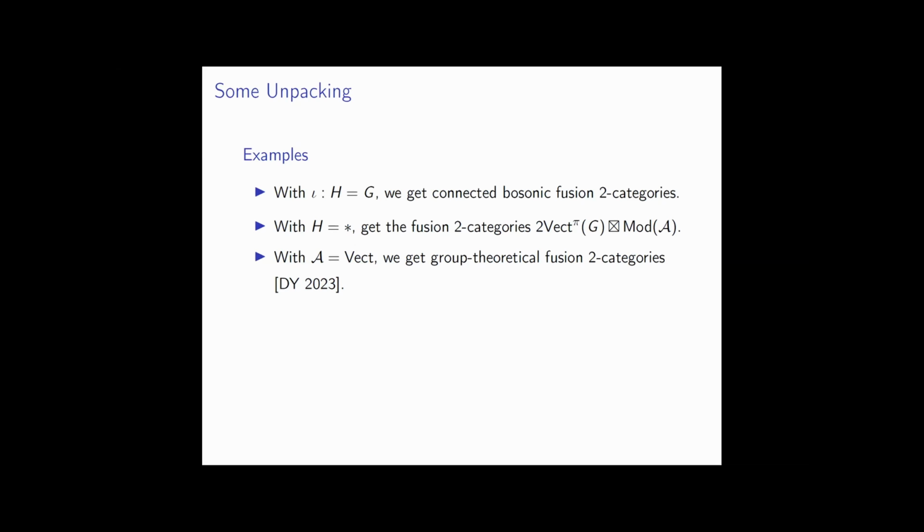And in this case, we just recover the group-theoretical fusion 2-categories. In particular, some examples that we've seen before: this 2Rep G just corresponds to also taking H to be equal to G. And this weird thing that was the example that I unfolded explicitly corresponds to the inclusion of Z2 into A4.